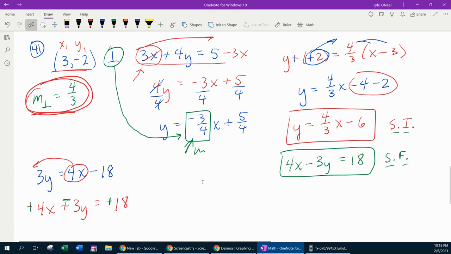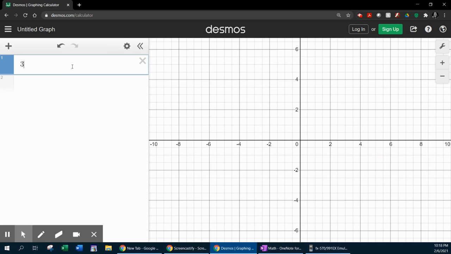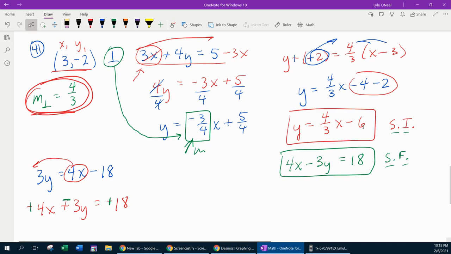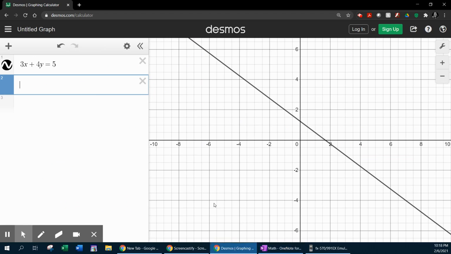And we're going to check with Desmos. So the first thing I want to do is input the original equation, the 3x plus 4y equals 5. And then I'm going to input my slope-intercept form, y equals 4/3 x minus 6.